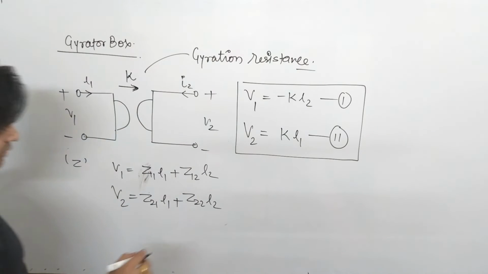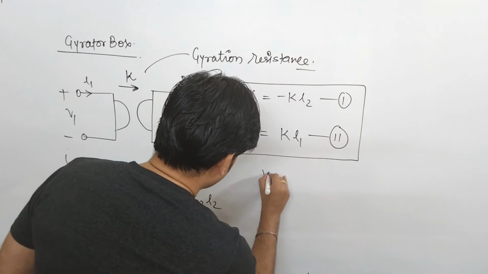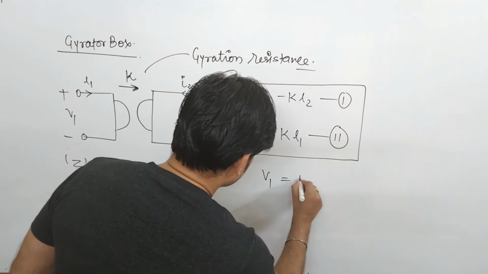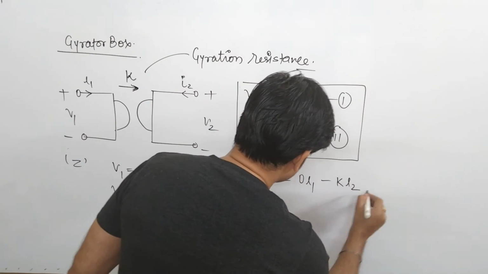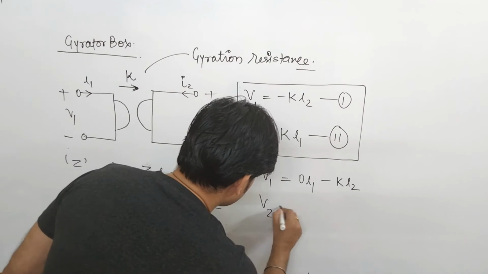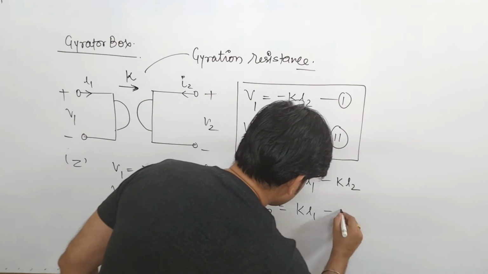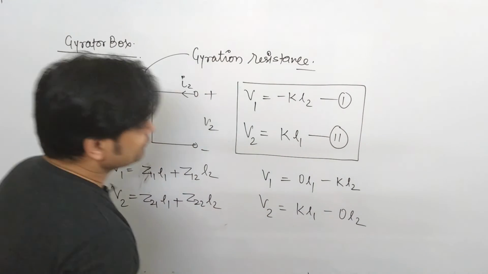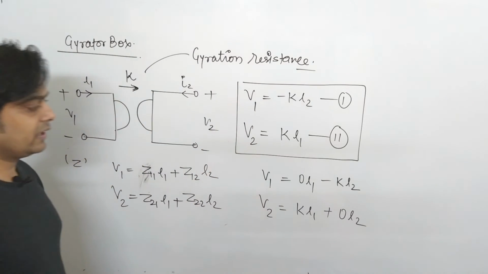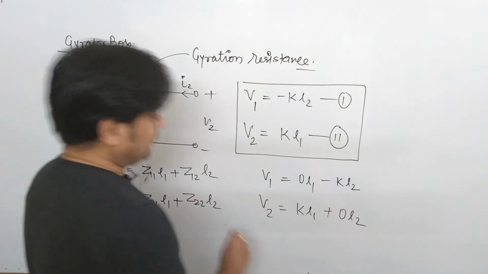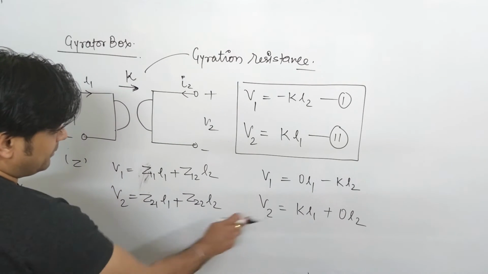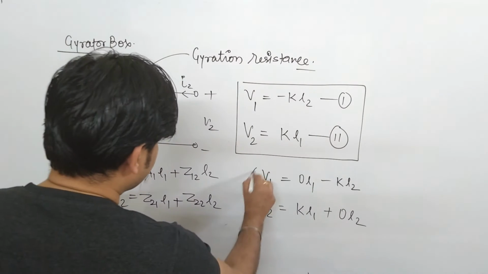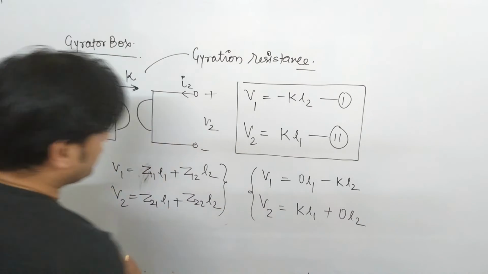If you rearrange this equation in this form, it comes to be V1 is equal to 0 of I1 minus K of I2, and V2 is equal to K of I1 plus 0 of I2.